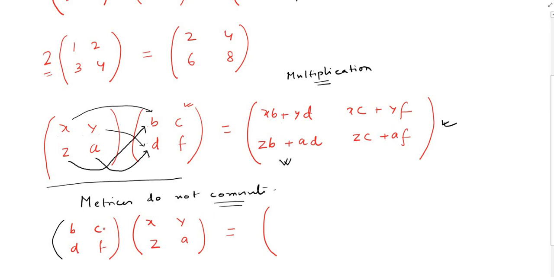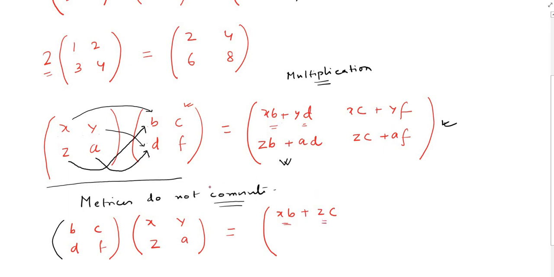So this is a very important property, because now what will happen, your first element will be xb plus zc. So you see your first element was this and this, but here it is xb and zc.